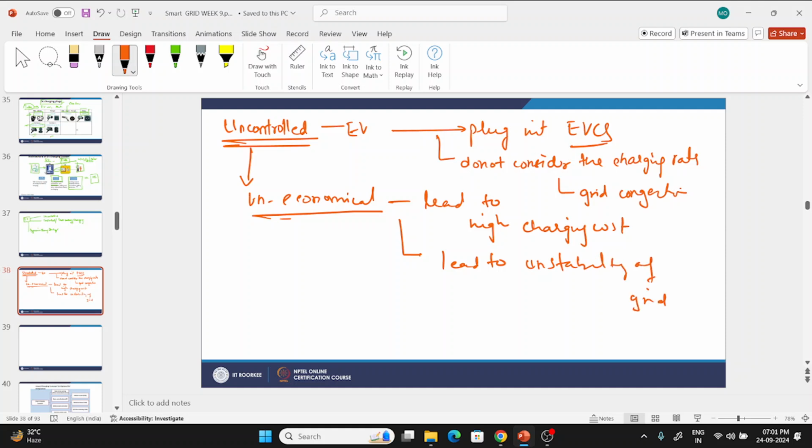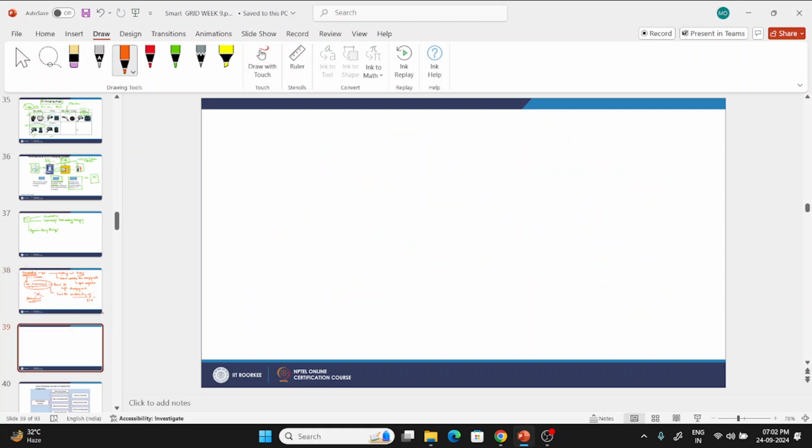Say if 1 lakh EV users are there, and all get connected at the same point of time, they can lead to the instability of the grid, and there will be many outages. The power will be interrupted. That's why this uncontrolled mode of charging of EVs is not promoted.